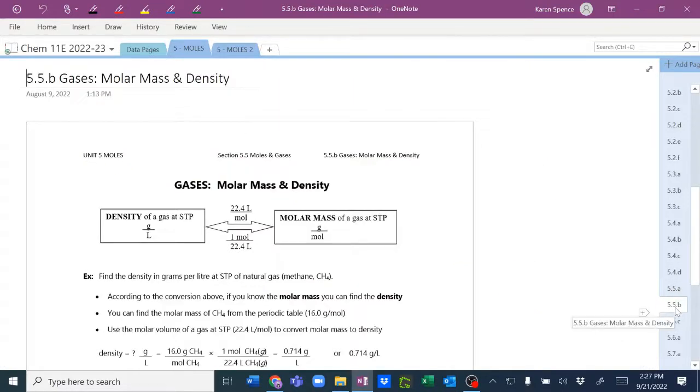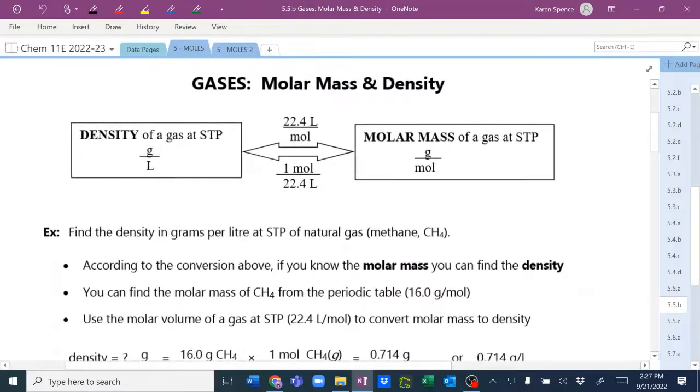Okay. And guess what? We can use this conversion factor, the 22.4 liters per mole. If we have the density of a gas, we can use it to convert to the molar mass of a gas. So if you do an experiment and you measure the mass of a gas and its volume and you find its density, you could use that to find its molar mass, because you can do a conversion between liters and moles.